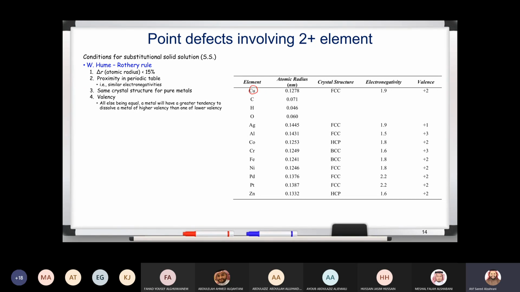Here I'm going to give you examples, but in the homework you will see many more examples than this.